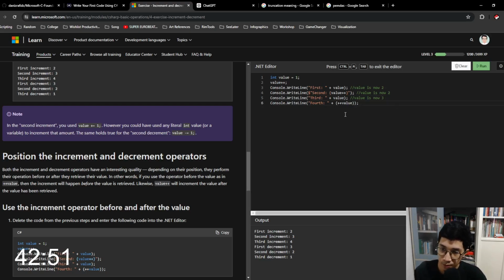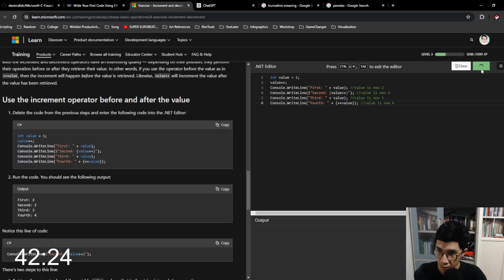Okay, but for this context, the value which has the plus before it will immediately be incremented right at that moment. So the value was 3 and incremented by 1 is equal to 4, I think. Let's run the code. 2 2 3 4.